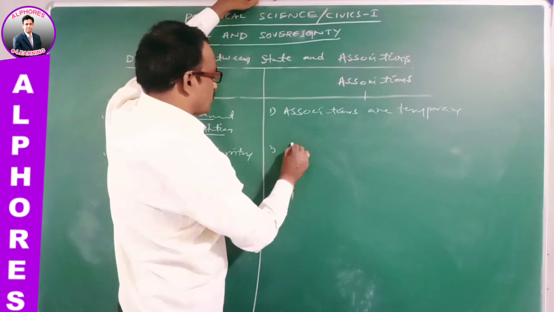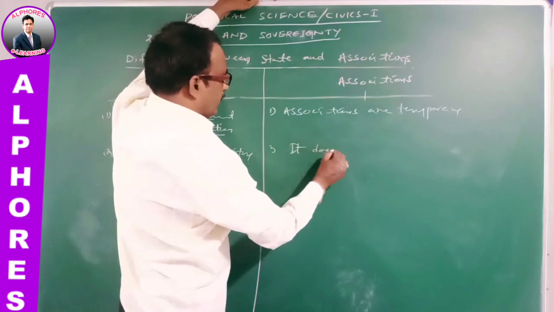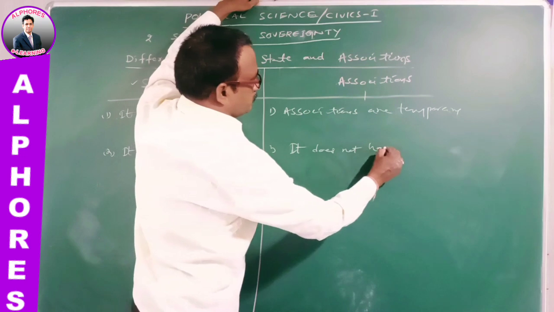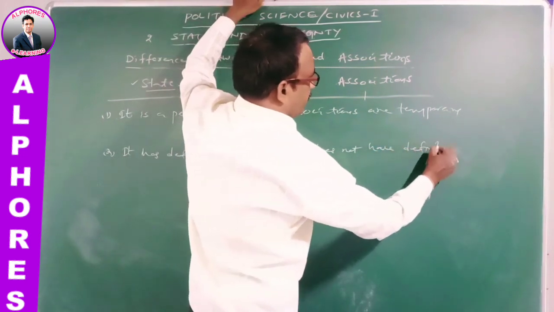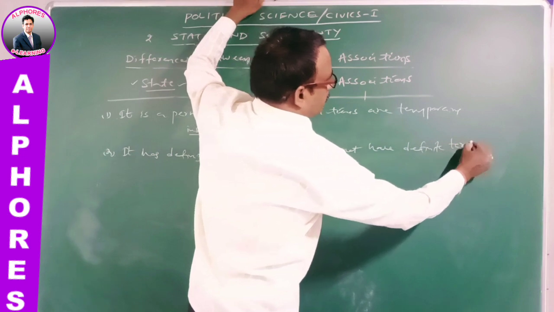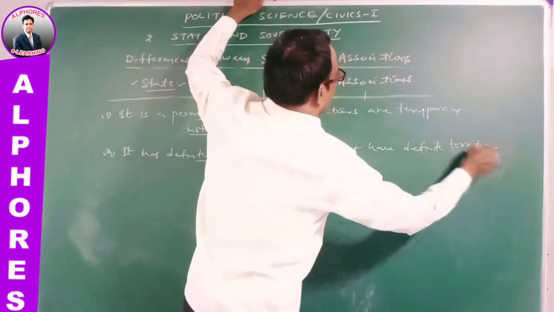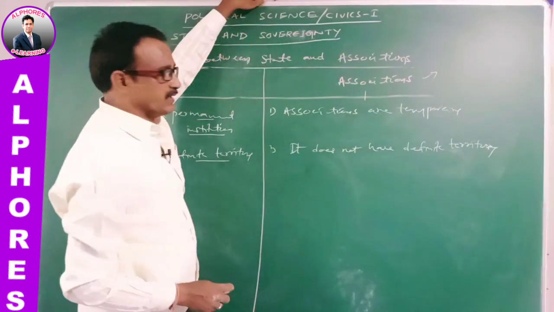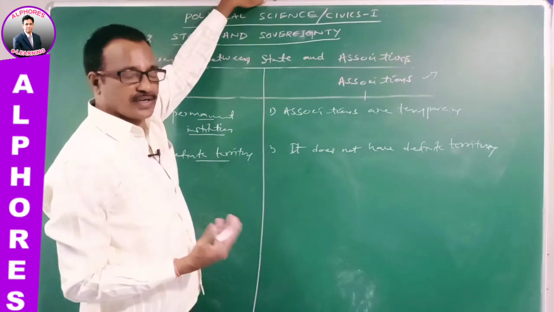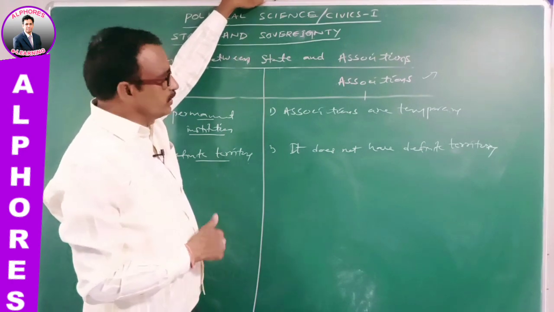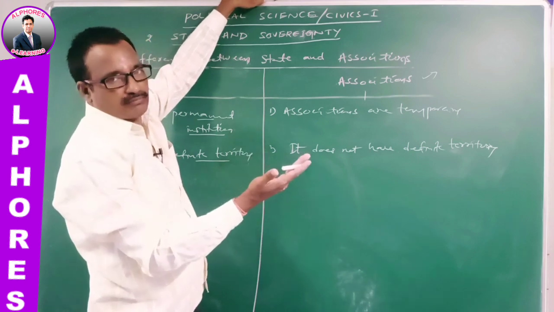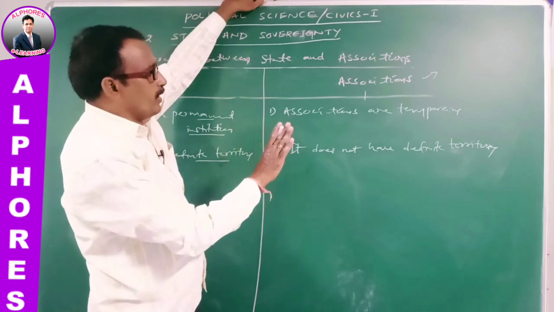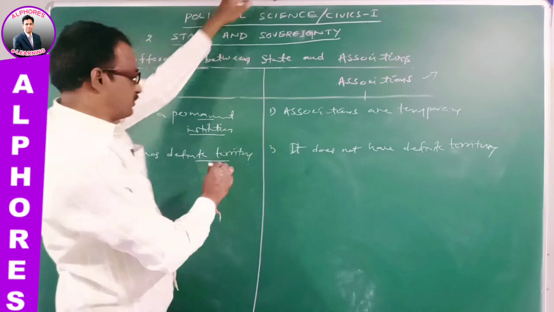So associations do not have any definite territory, because associations are at national level, local level, international level. They can form anywhere. So no need of fixed territorial boundaries.